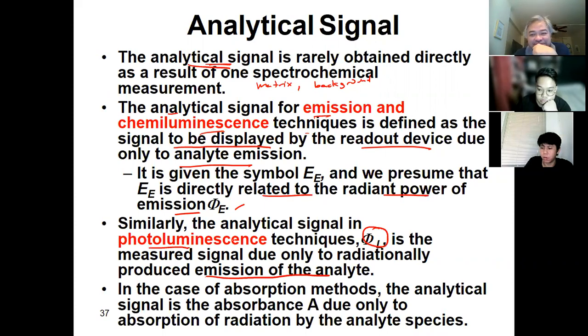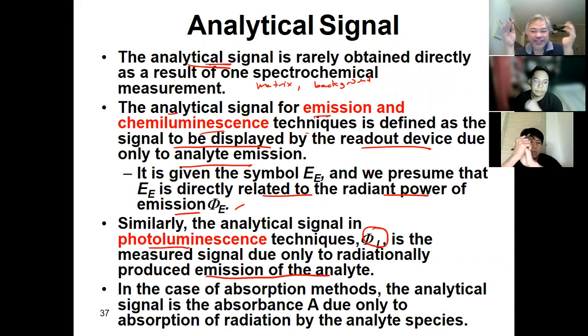Unless there are fluorescent materials present there. It's okay if the fluorescent one is the analyte you're measuring. What if you have contaminants that also emit or fluoresce at the same wavelength as your analyte? But it's rare.